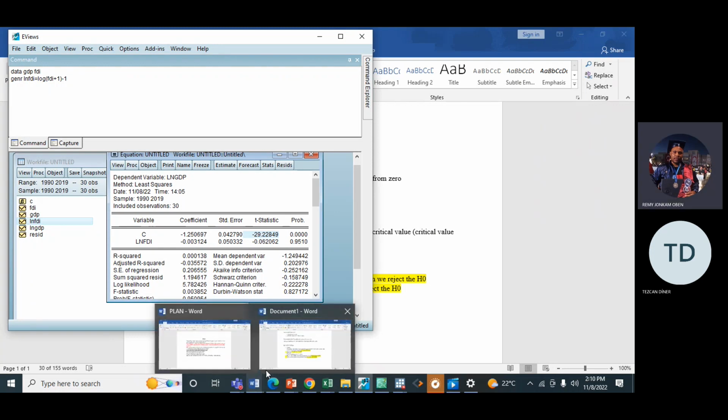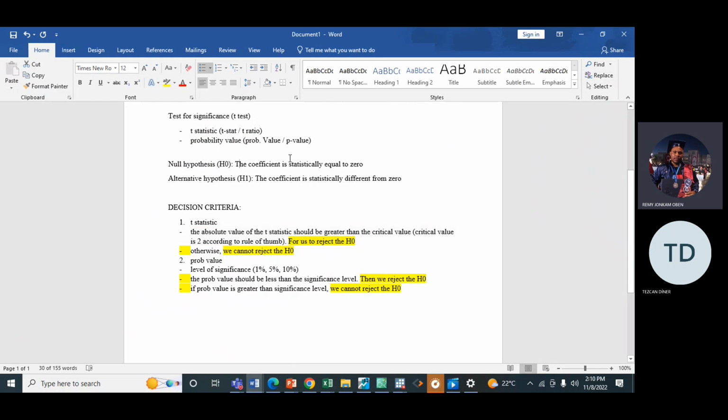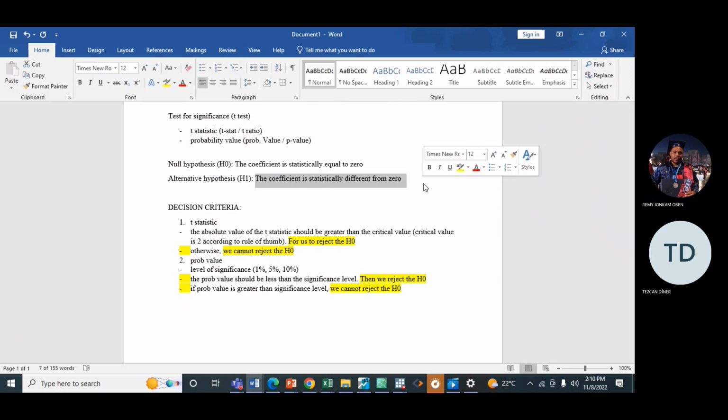What is the null? The null tells you that the coefficient is statistically equal to 0. So if we are rejecting this null, it means we are accepting the alternative, that the coefficient is statistically different from 0. Therefore, the coefficient is statistically significant. Because if it is statistically equal to 0, it means it is insignificant.